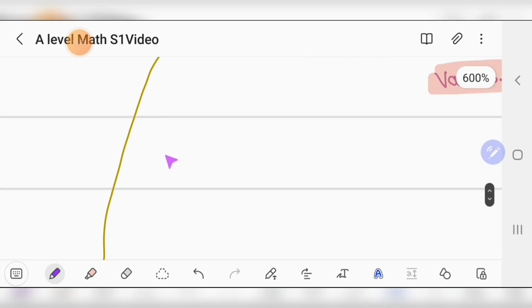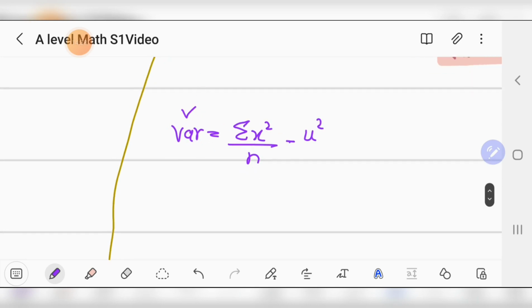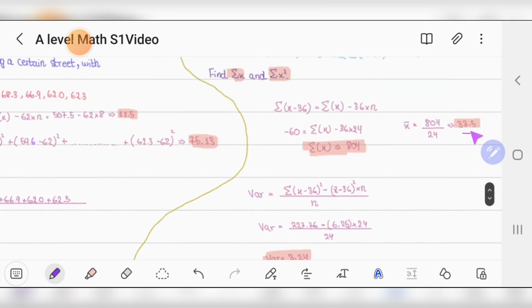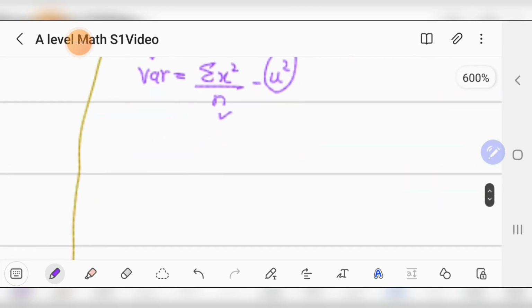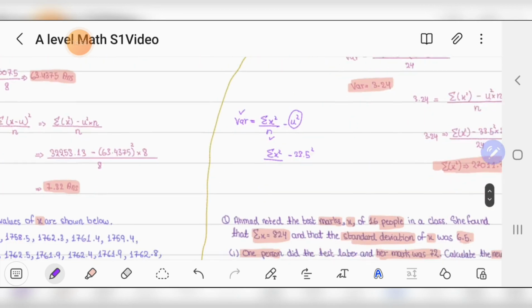Like for example, if I want to know the variance, then I will use this, and then divide by n, and then minus u square, right? And that's exactly what I'm going to do. So right now I don't know the variance, I know that this, and I could just calculate this. So for u, I already know that this is 33.5. So this is 33.5 square, and I need to know this as well, and the total number would be 24.